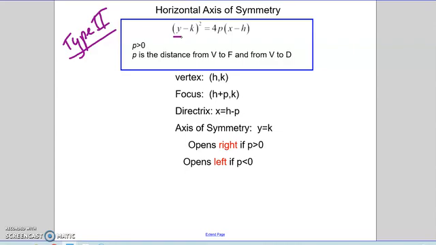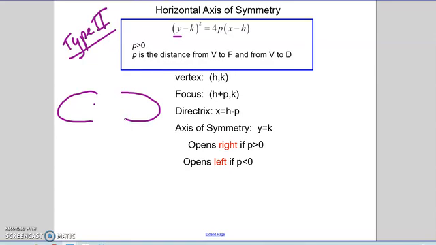And actually the x minus h has swapped with the y minus k. And so what ends up happening is when you do that, you get the inverse, not dealing with functions anymore here because you've got the squared. So this becomes either a right-facing parabola or a left-facing parabola.